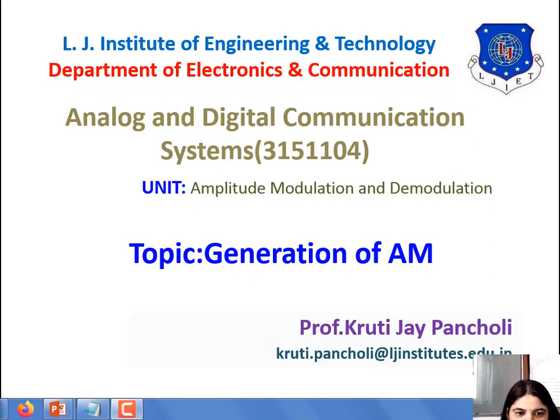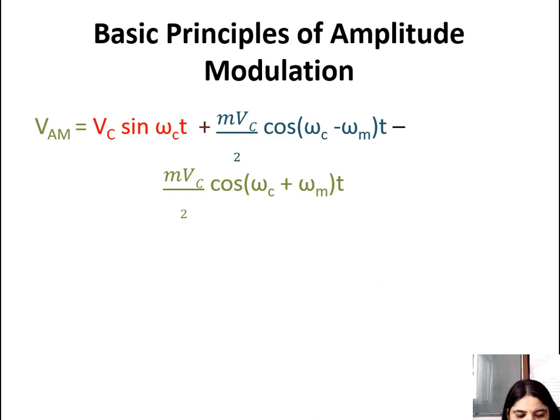Generally, the generating circuits for the AM wave are referred to as the amplitude modulator circuit. This amplitude modulator circuit is divided into two parts. One is known as low level modulation and another is referred to as high level modulation.